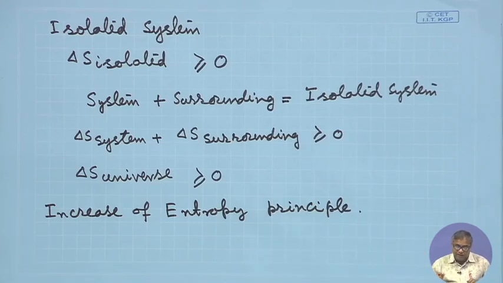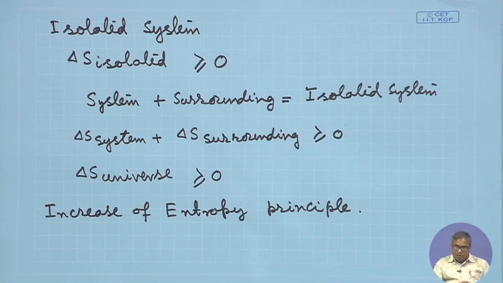If a system is left to itself in an isolated manner, its entropy will try to increase and ultimately maximize. You can consider the universe to be an isolated system. So, for the universe also, entropy is continuously increasing.